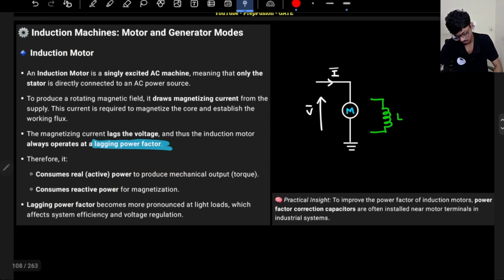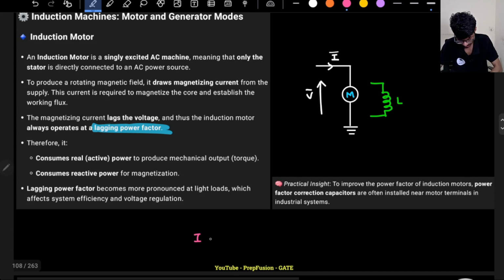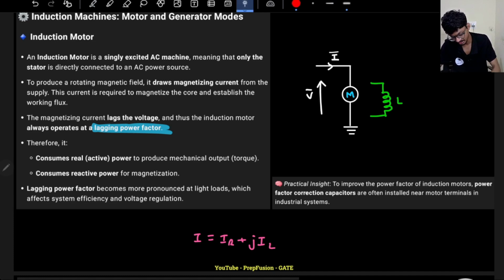Sometimes what happens is, one thing, if you understand it, our current is a combination of a real component plus an imaginary component, right? Now I imaginary is basically I inductive here. So what we can do is add a few capacitors so that those capacitors will supply the required reactive power.